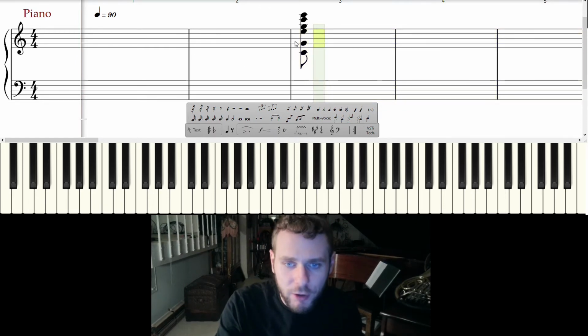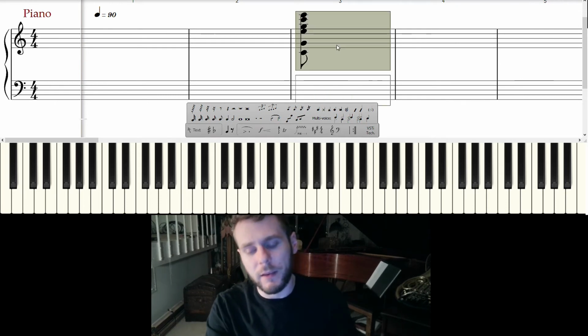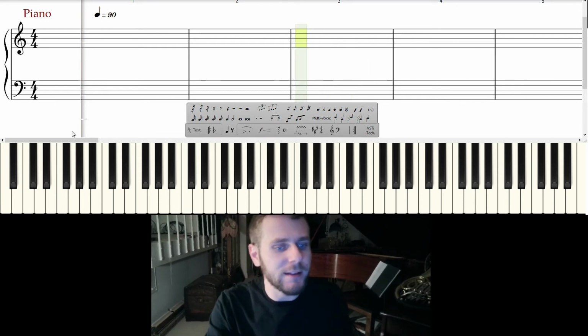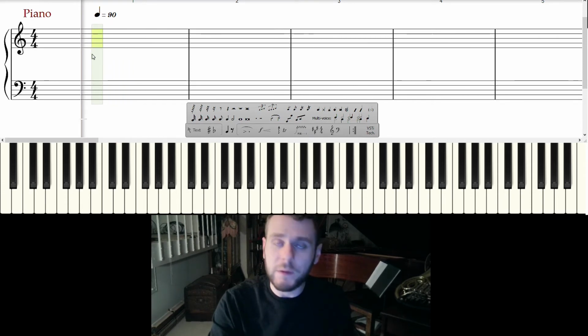Have target notes that you can reference and compare the notes that you don't know to how they move from the note that you do know. And you will find that your music reading, sight playing will improve. This isn't an overnight thing.